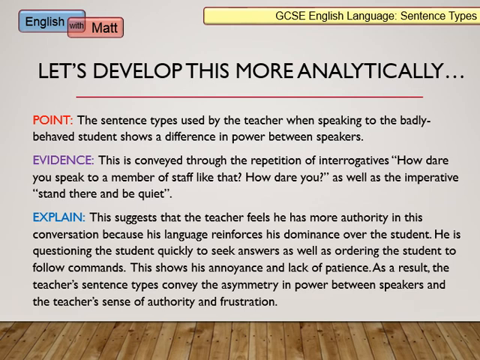He is questioning the student quickly to seek answers, as well as ordering the student to follow commands. This shows his annoyance and lack of patience. As a result, the teacher's sentence types convey the asymmetry in power between speakers and the teacher's sense of authority and frustration. So asymmetry means kind of an imbalance, a difference. They're not equal.